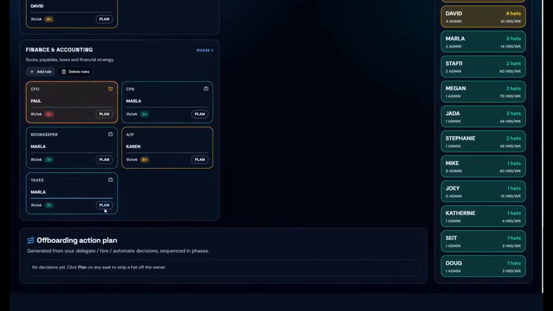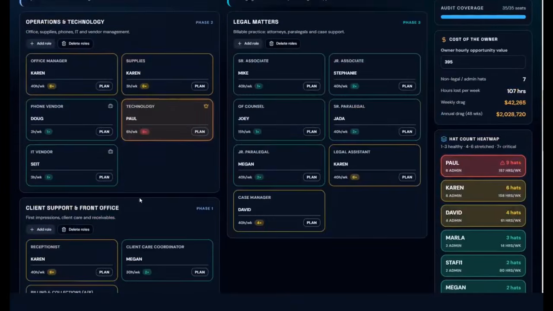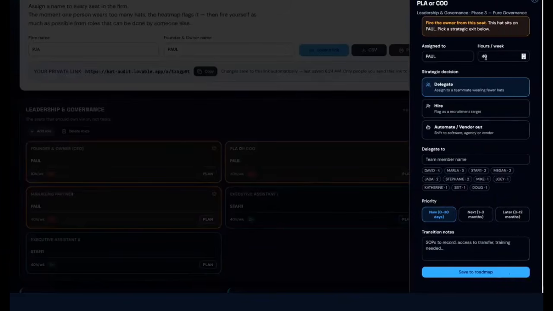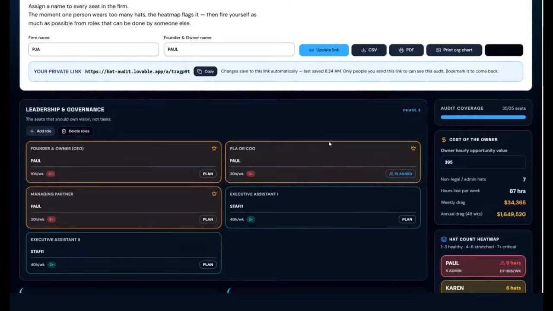Now, we can also go back and look at how many hours this is. So if I'm the founder and owner, 10 hours a week, but I'm also the PLA, and I'm also the managing partner, well, I can't be spending 40 hours a week as managing partner, 40 hours a week as PLA. So this can be hacked down. So we go into plan, and we change these each to 20 hours, because it's kind of the same job.